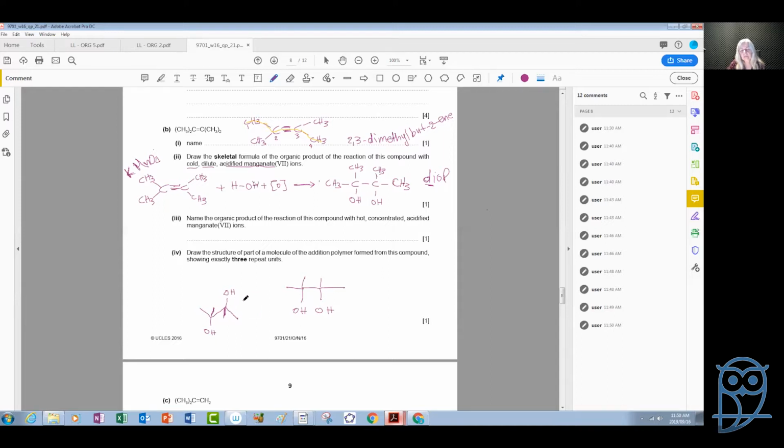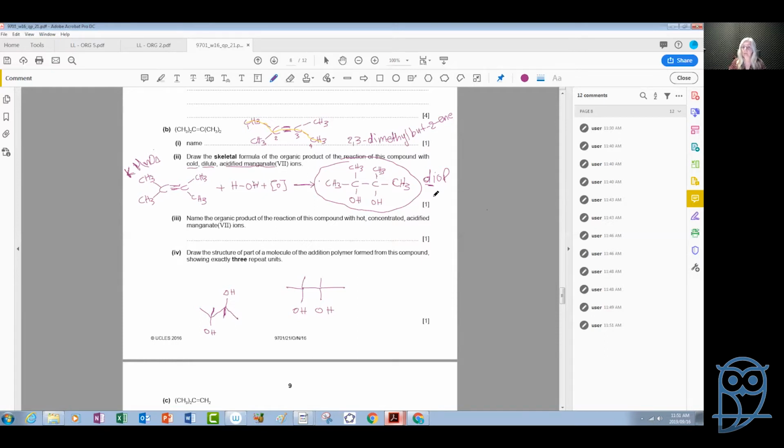So either way, I suppose it is correct. Now remember, this is the skeletal formula of this product from the reaction of our alkene with dilute and cold acidified manganate.